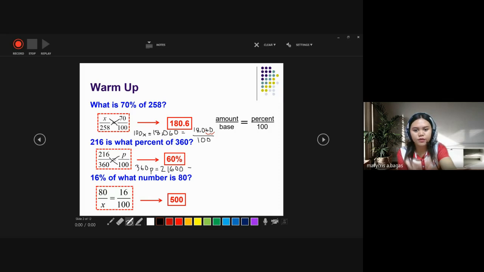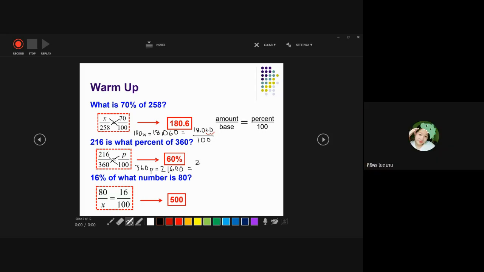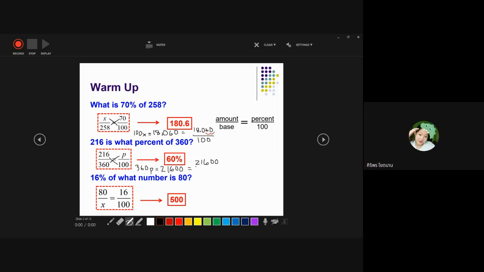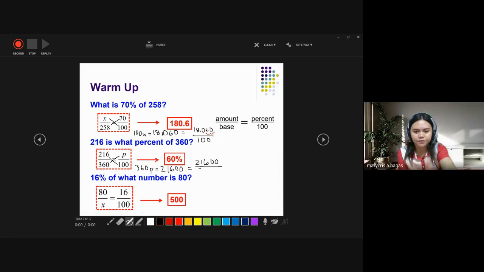The next thing that we're going to do is divide 21,600 by 360, which equals 60. So the answer is 60%.